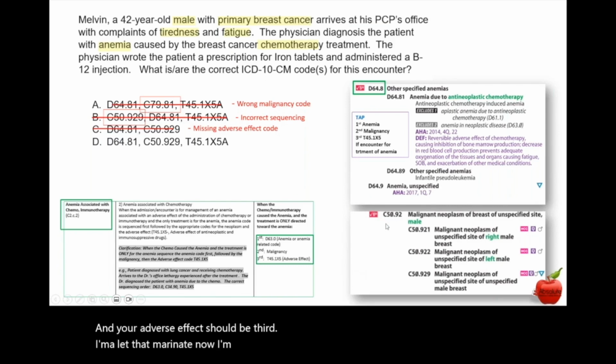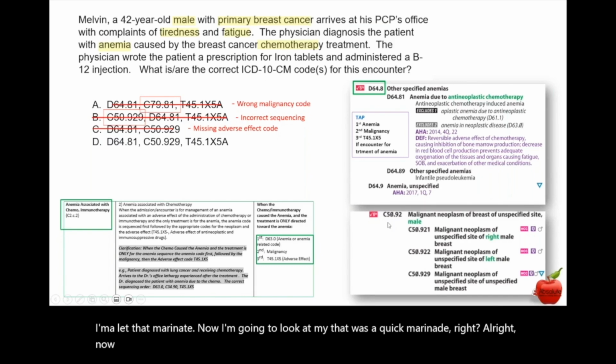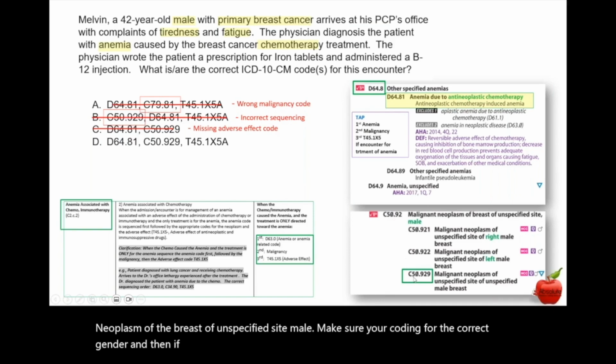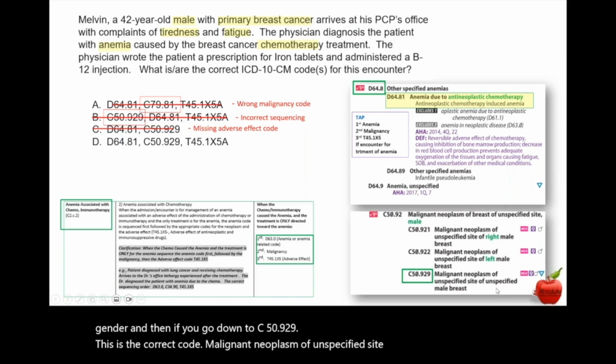That was a quick marinate, right? All right, now I'm going to look at my malignant neoplasm of the breast. The correct code is malignant neoplasm of unspecified site of unspecified male breast.